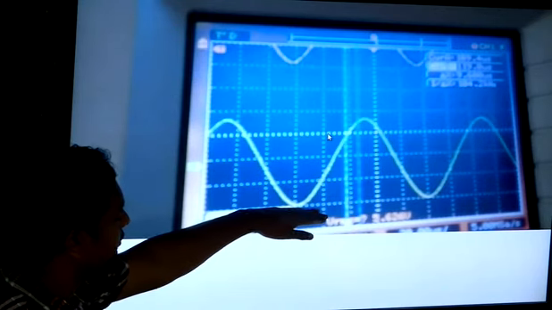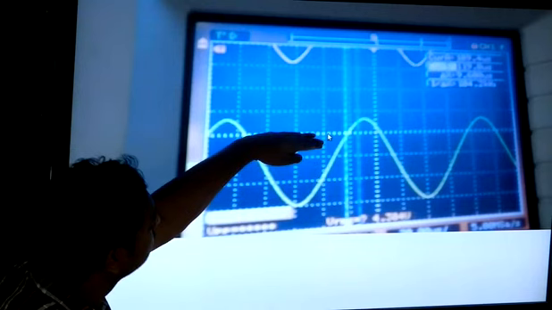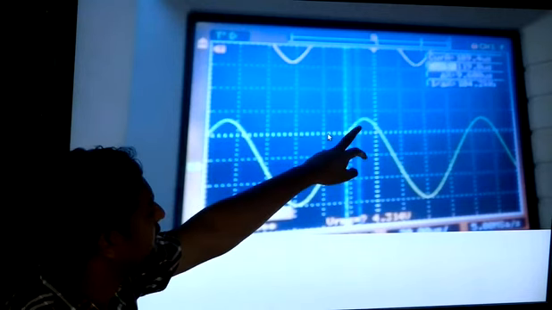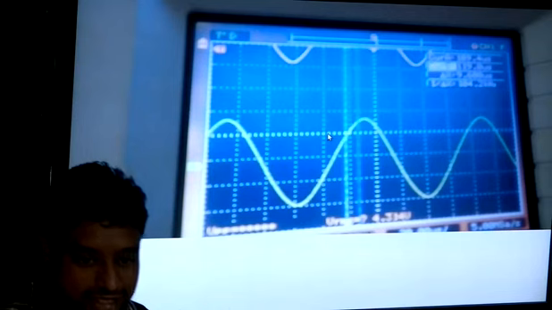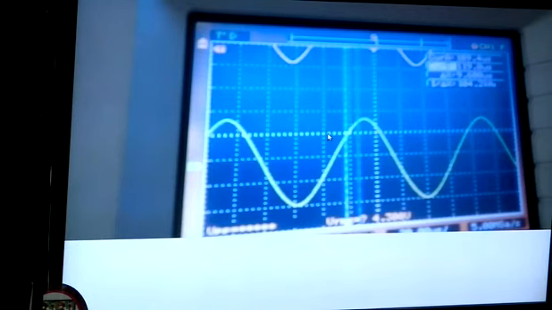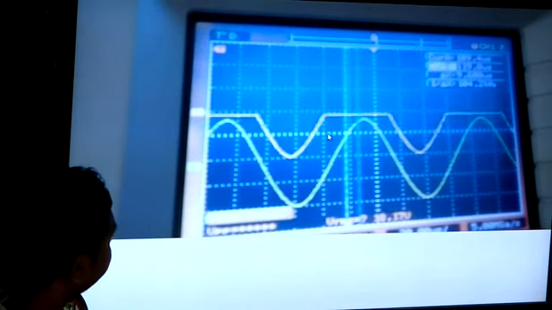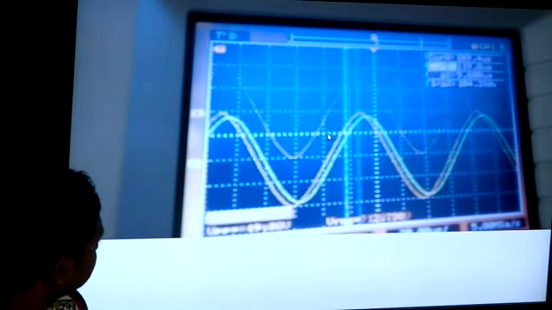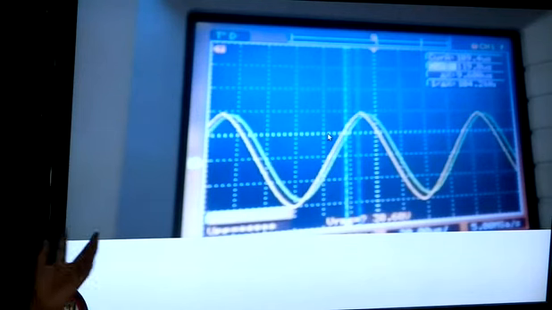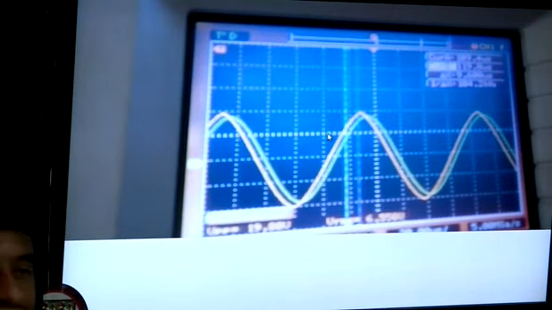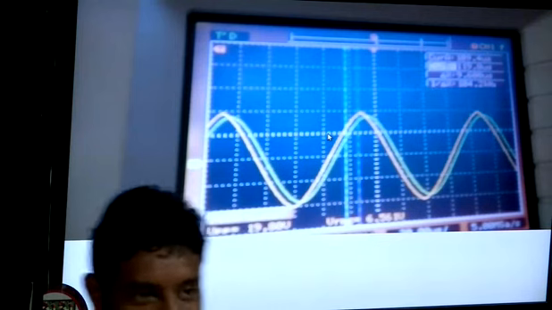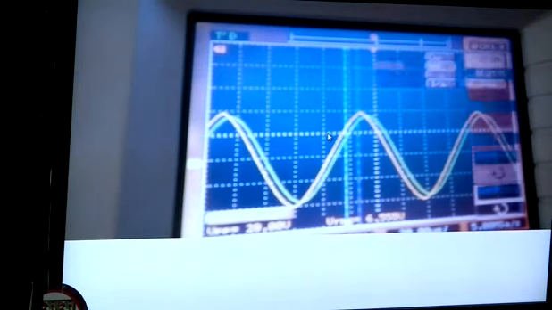So this is 0, 5, 10, 15, and the above one is 20. So maybe it is like 18, slightly less than 20. So 18 by 2 is 9. We are expecting 9.6 actually. So it is more or less similar. And if you just align these two, this is how the actual waveforms look. One is the waveform of the supply voltage, and the other is the waveform only of the resistance.